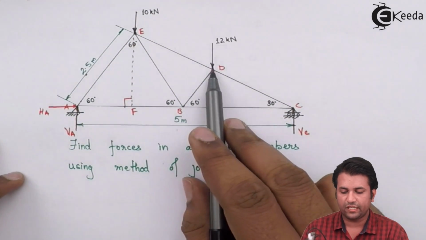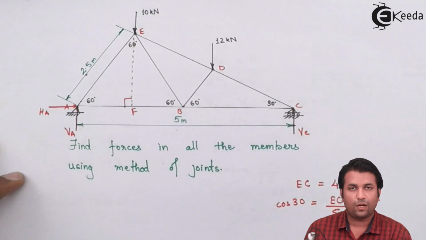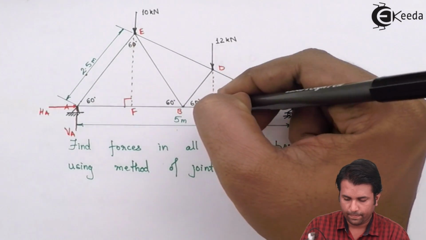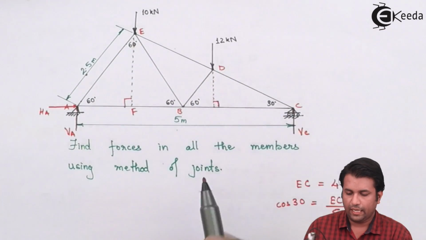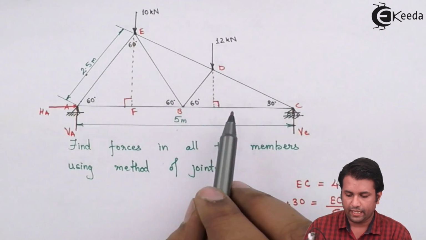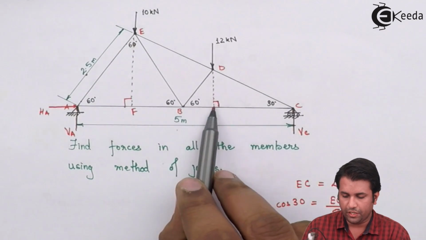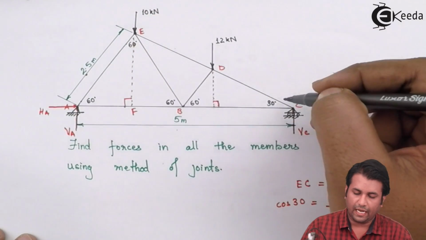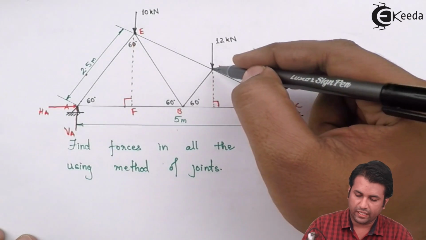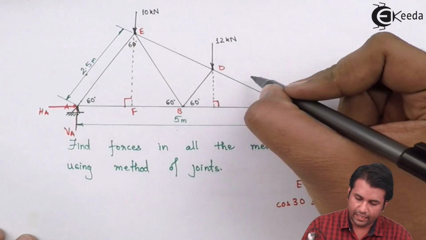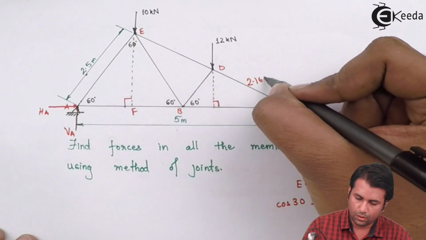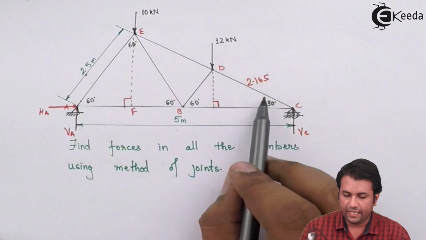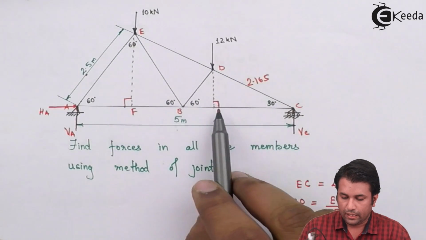Similarly, I need to find out the distance for 12 kilonewton force. So for that, what I can do is, if I drop a perpendicular from this point, I can find out this distance, like from here to here. Or what you can do is, this complete length happens to be 4.33 meters. So the distance CD will be half of that, and that is 2.165 meters. So now what I can do is, I can take again the cos ratio from here, this distance.